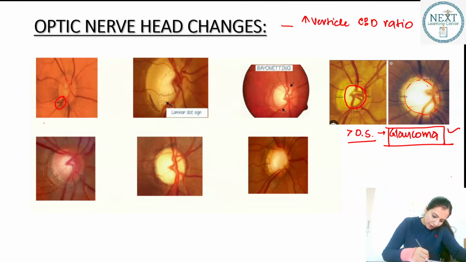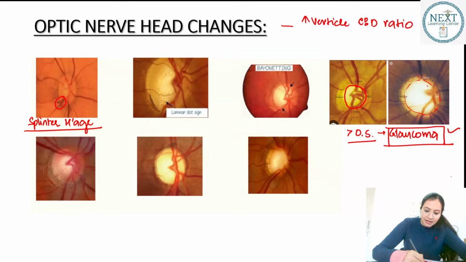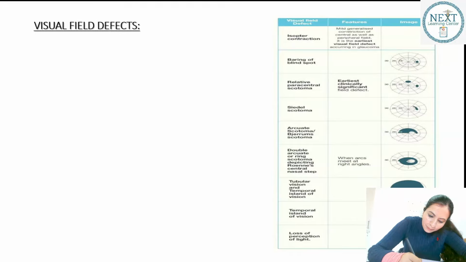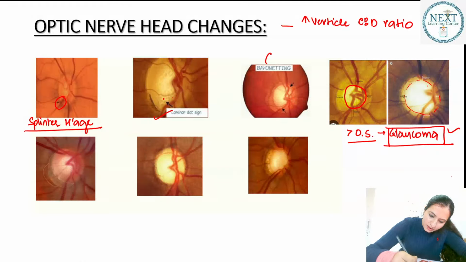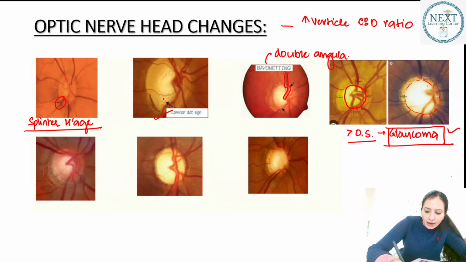This is your splinter hemorrhage. What is a splinter hemorrhage? It is a hemorrhage at the optic disc. These are the dots, the Laminar dot sign. This is bayoneting. What is bayoneting? It is double angulation of the blood vessels. If you see, there is double angulation of the blood vessels.